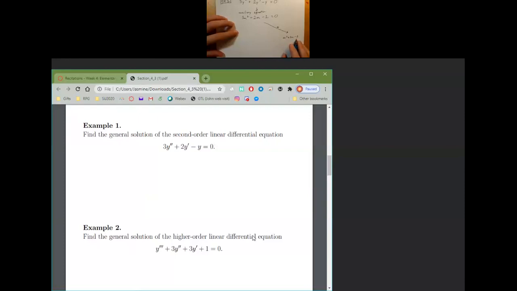So +3 and -1 here. So this polynomial would factor into m plus 3, m minus 1.